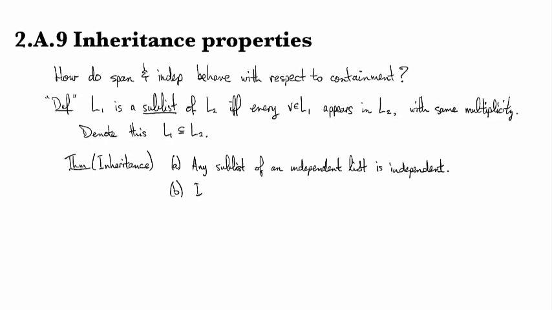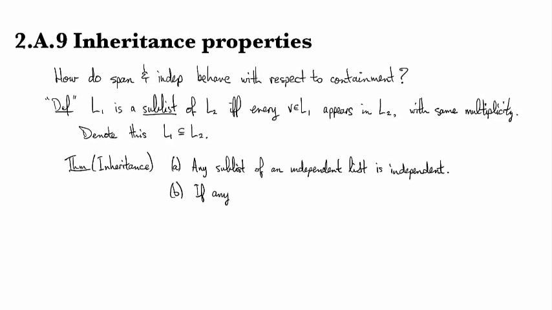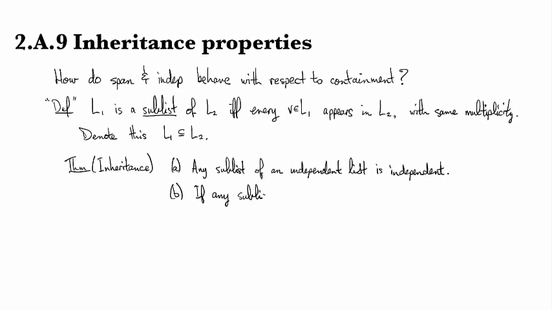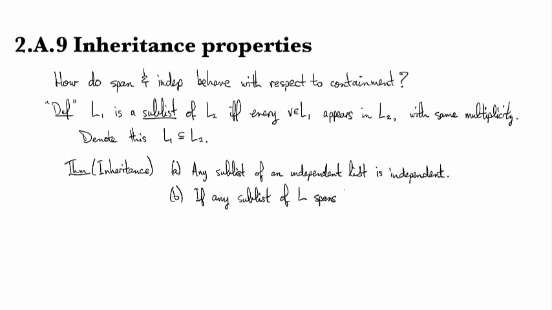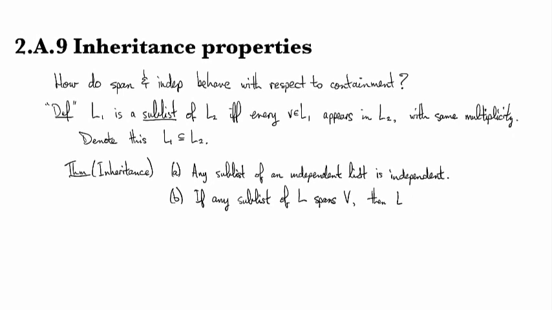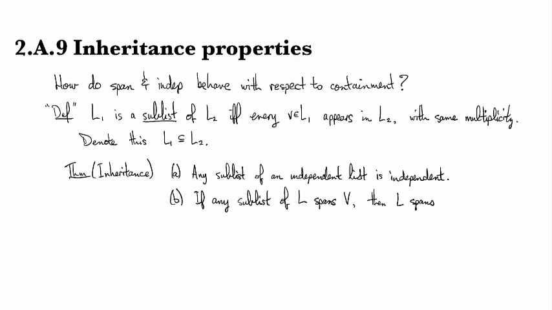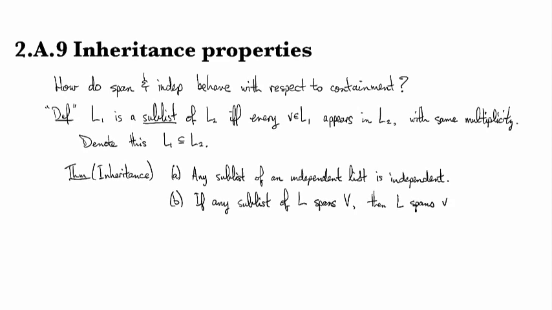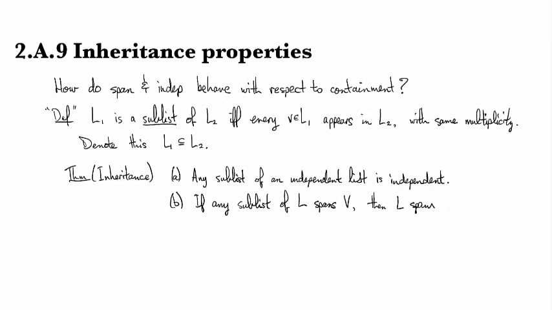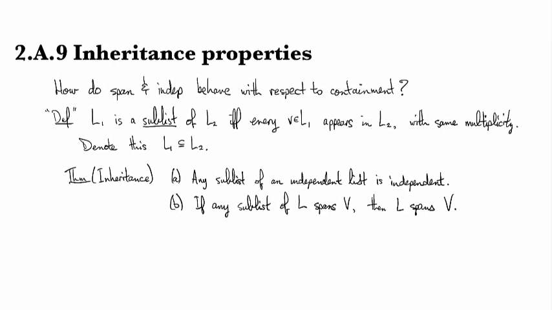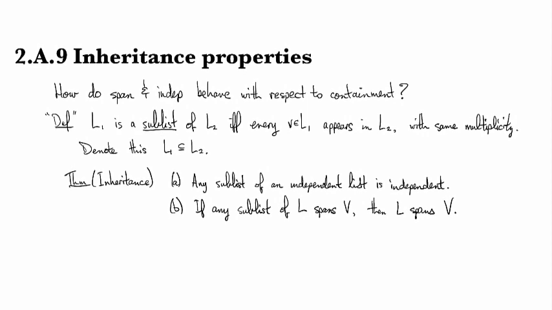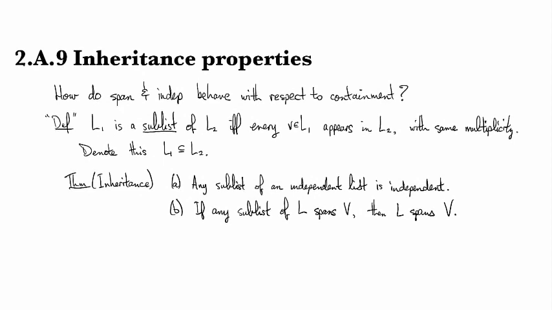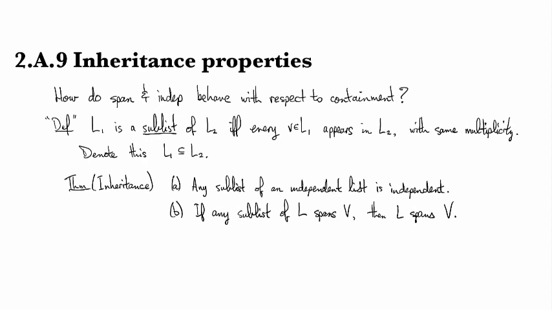So if any sublist of L spans V, then L spans V. Okay, and so I'm going to leave the proofs of these as exercises to you because they're both fairly short answer proofs.